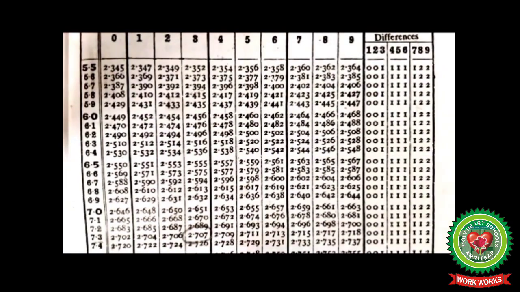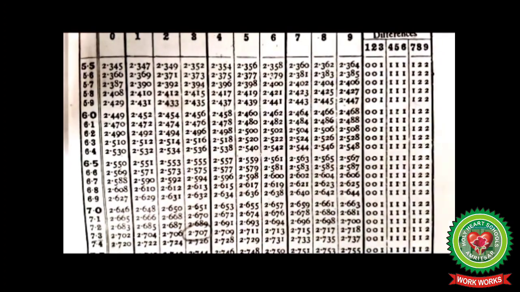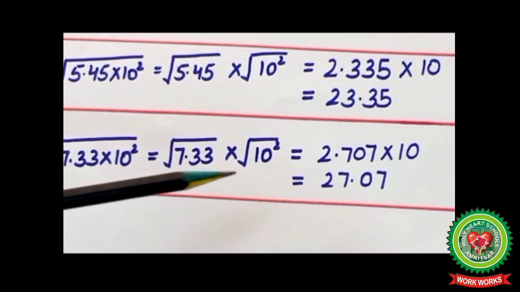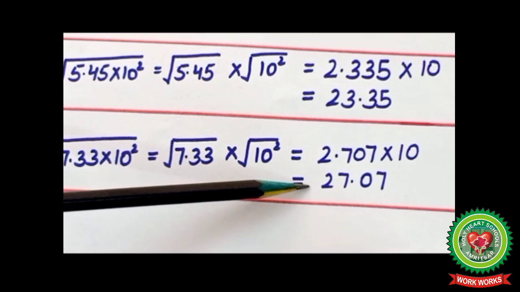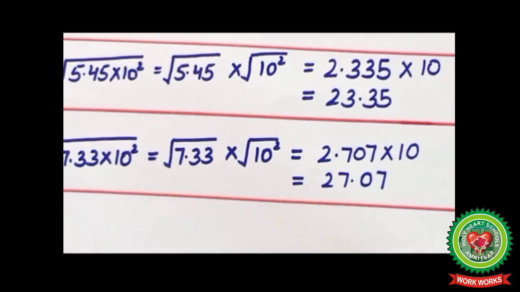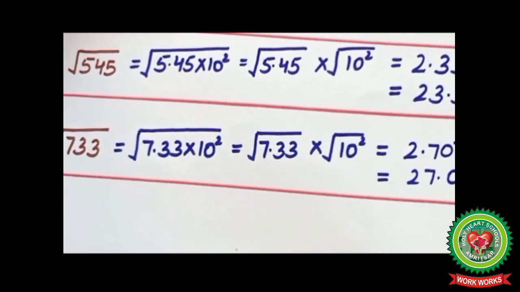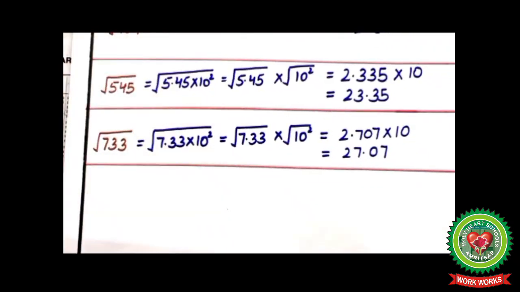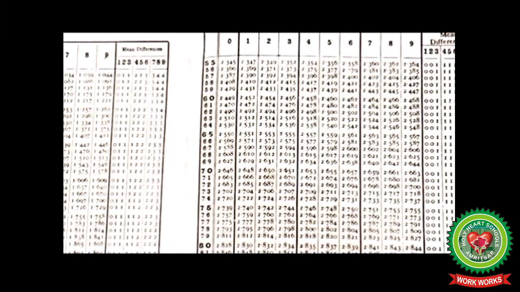So square root of 7.33 is equal to 2.707 and square root of 10 square is 10 only. After shifting the decimal, the answer is 27.07. So square root of 733 is equal to 27.07.